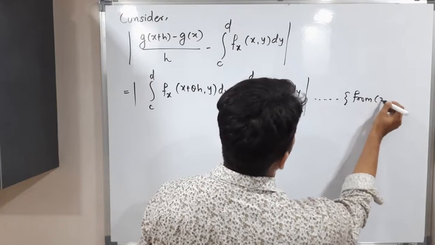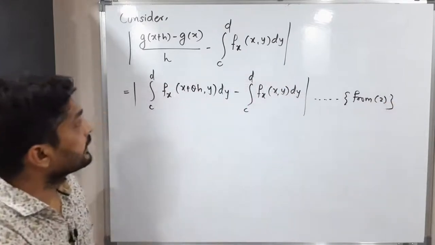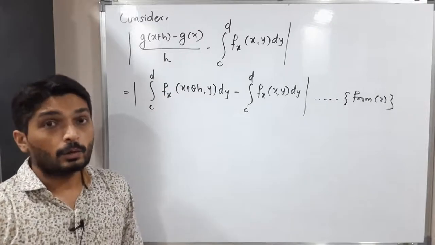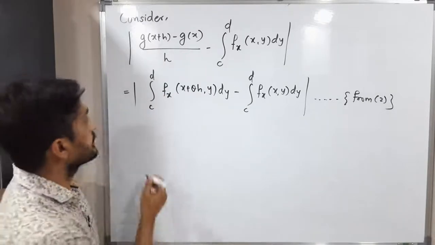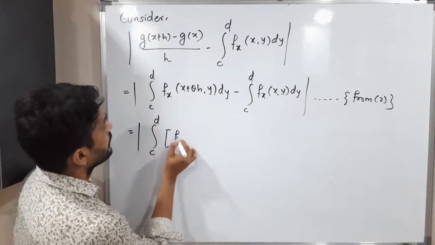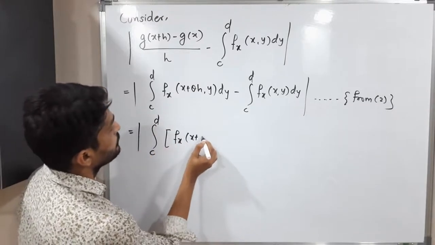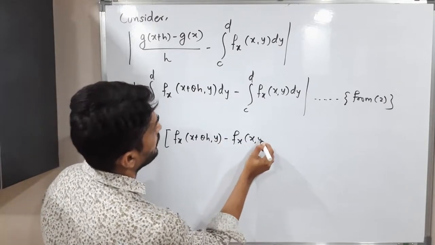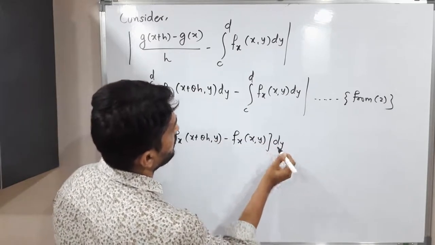After that, simply I put its value which we have already calculated. Now we can take the integration common. Say this is equal to mod integration c to d of f_x (x plus theta h, y) minus f_x (x, y) dy, right?